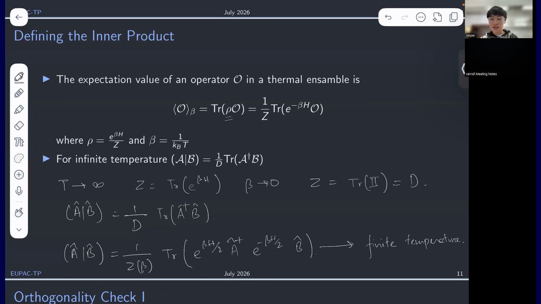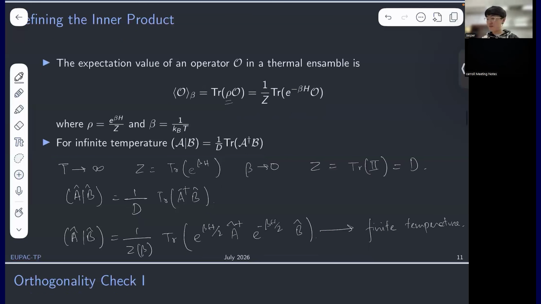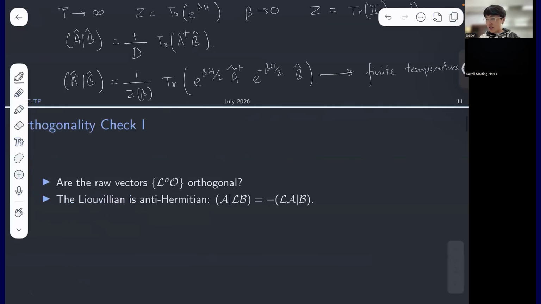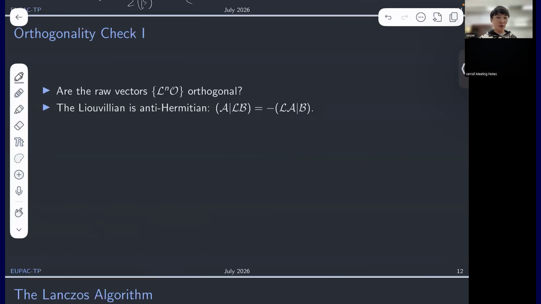Okay. Now we have a certain subspace and we have defined the inner product. Before we move on, I'd like to comment on whether the subspace that is spanned by these nested commutators is actually orthogonal.